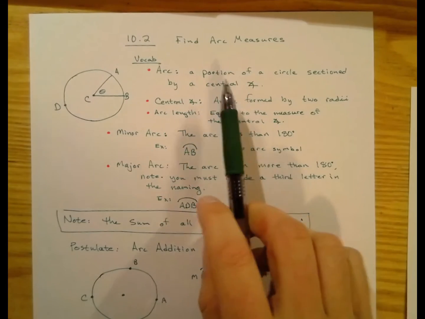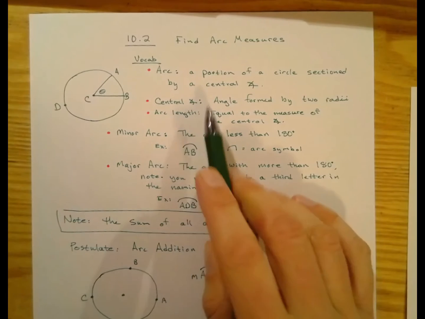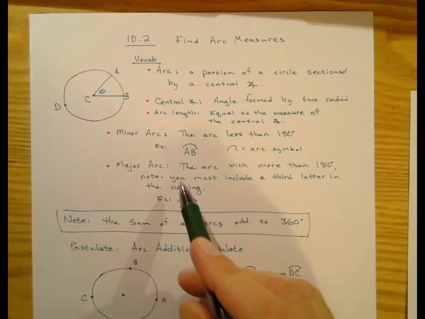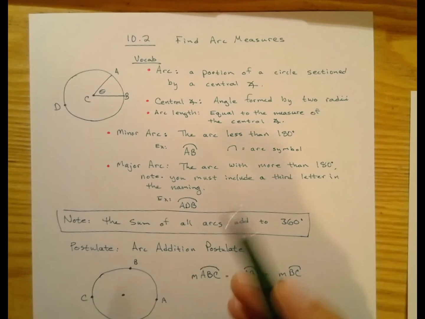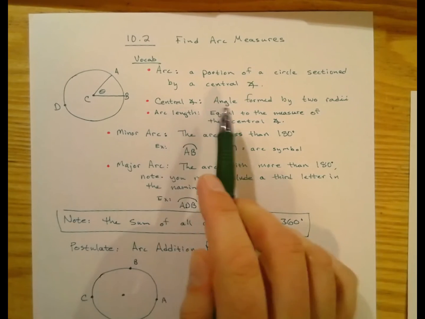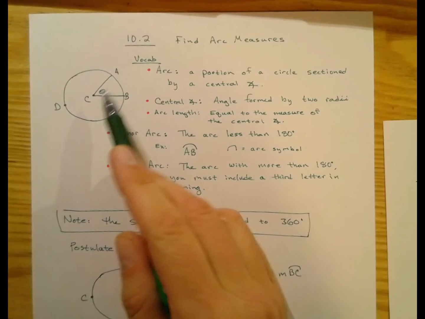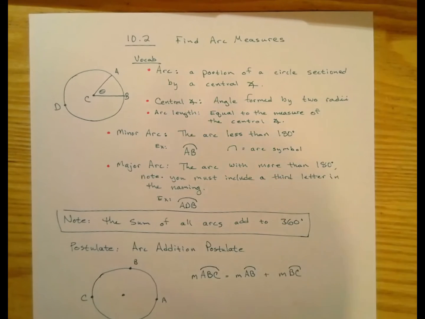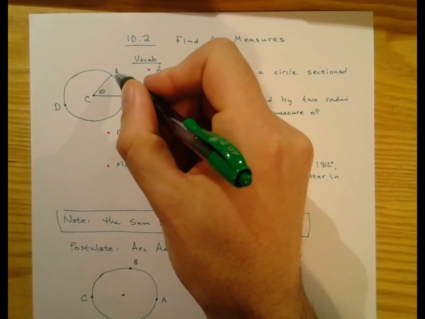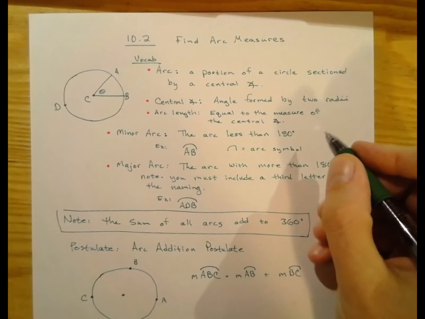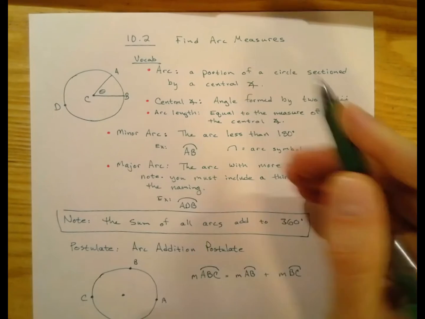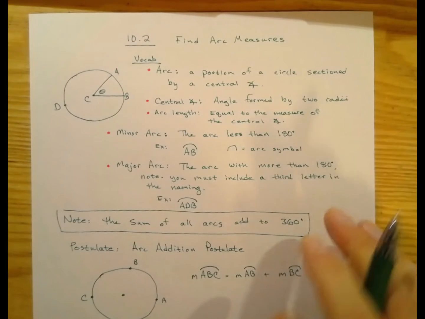First, an arc is a portion of a circle's circumference that is sectioned by a central angle. A central angle is just some angle formed between two radii, like theta here is the central angle. The measure of an arc is exactly equal to the measure of the central angle.